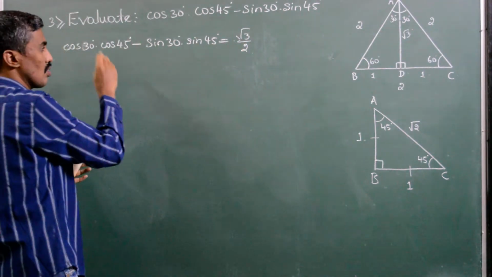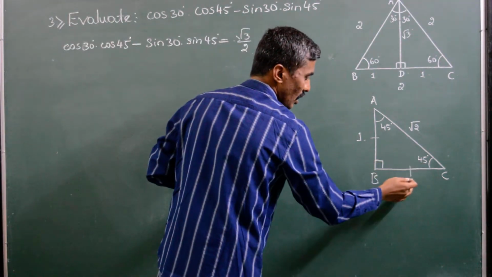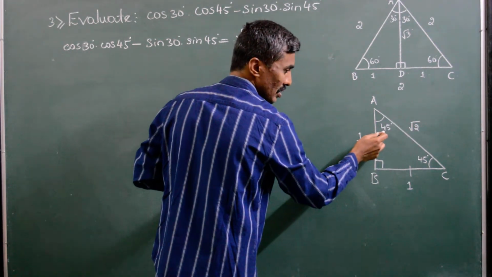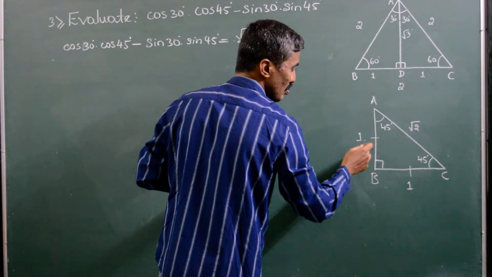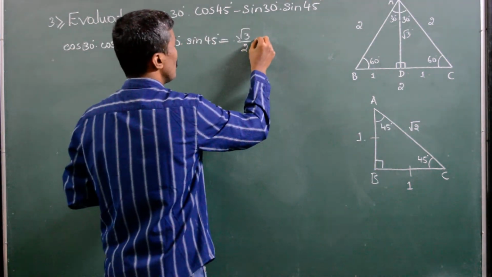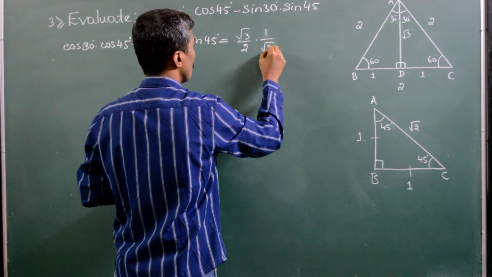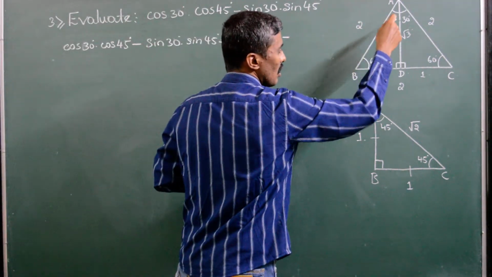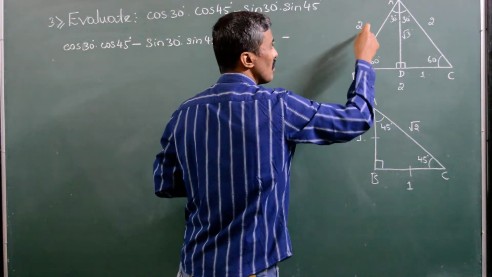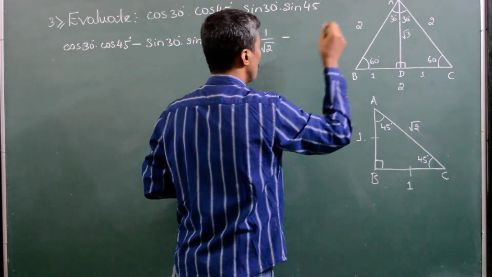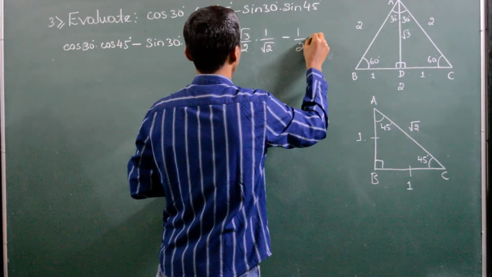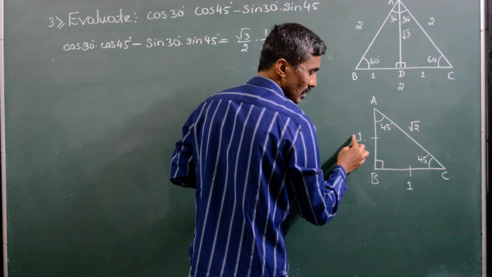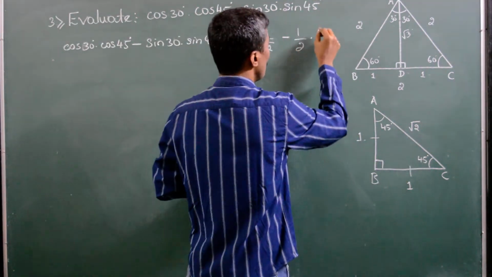Next, cos 45: adjacent side by hypotenuse, 1 by root 2, into 1 by root 2. Then minus sine 30 degree. Sine theta is opposite side by hypotenuse, 1 by 2, into sine 45 degree: opposite side by hypotenuse, 1 by root 2.